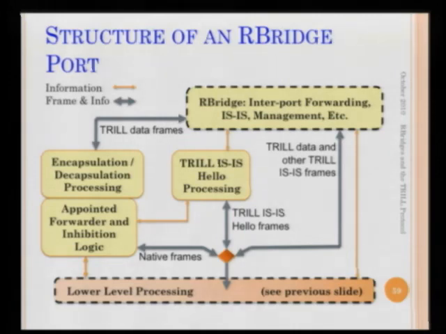So if a native frame comes in, there's various tests done. One is the RBridge says, am I an appointed forwarder for the VLAN this native frame is in? If I'm not appointed forwarder for that, I just throw away the native frame that came in. If I am an appointed forwarder, then I encapsulate the frame and it goes up the left side to the higher layer logic.